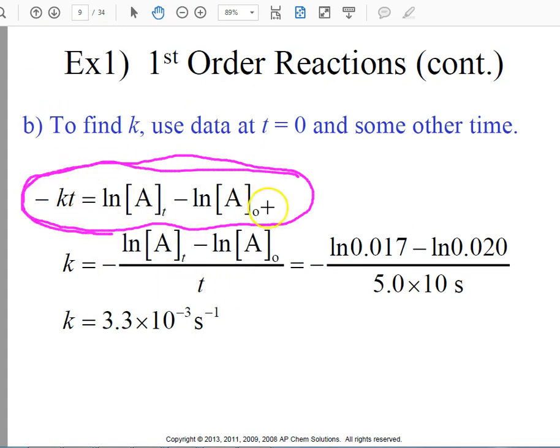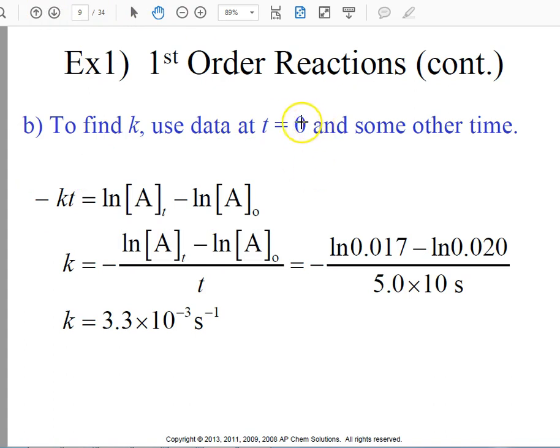And you can use it rearranged or however you want, but this is the basic equation. Scratch that, sorry. We don't want to make our time 0. That doesn't work in the math.